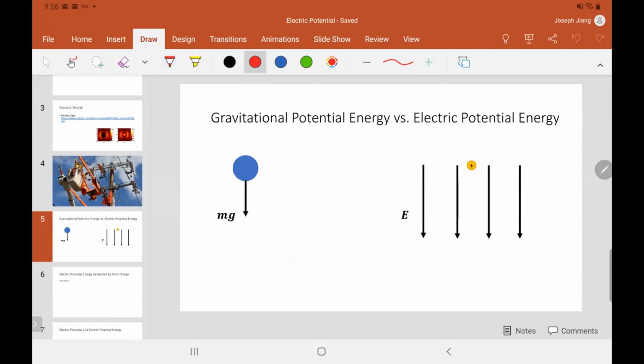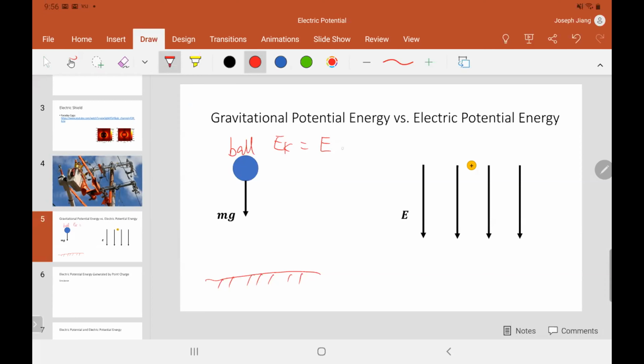In gravity, if we have a ball and the force on the ground, then the ball will gain kinetic energy, right? The kinetic energy change of this ball is equal to the potential energy change.